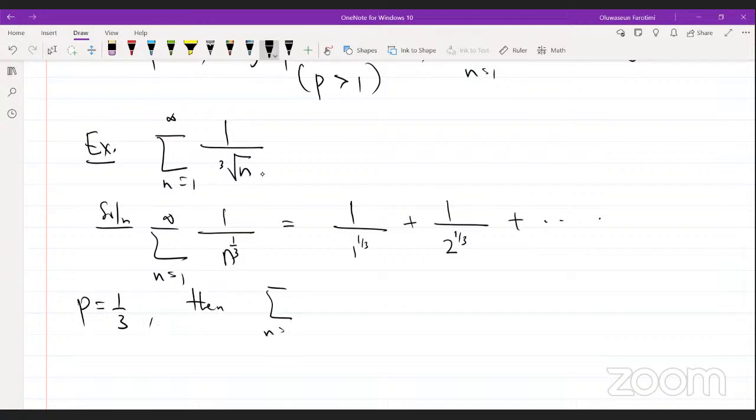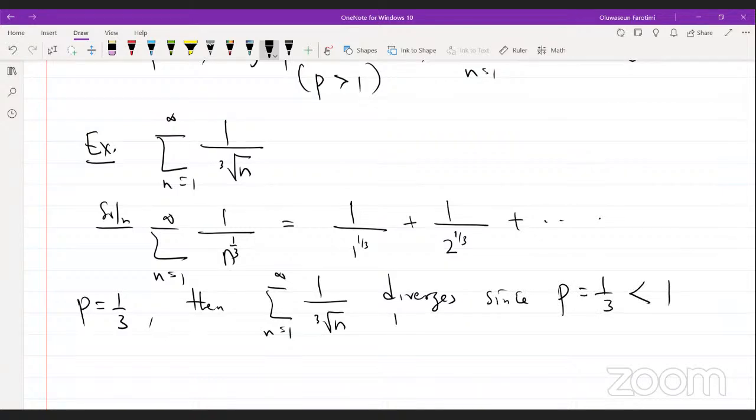Then this guy diverges since p equals 1/3 and that is less than 1. Diverges by the P series test, or for short, you can call it the P test.